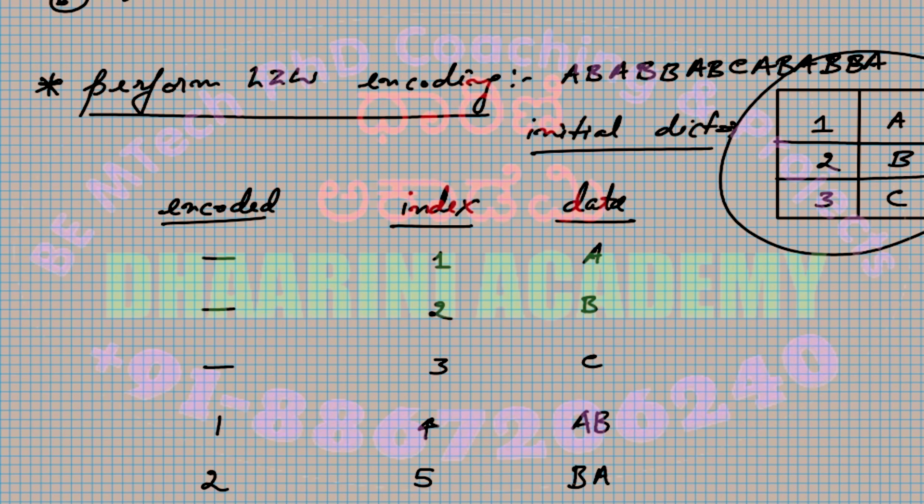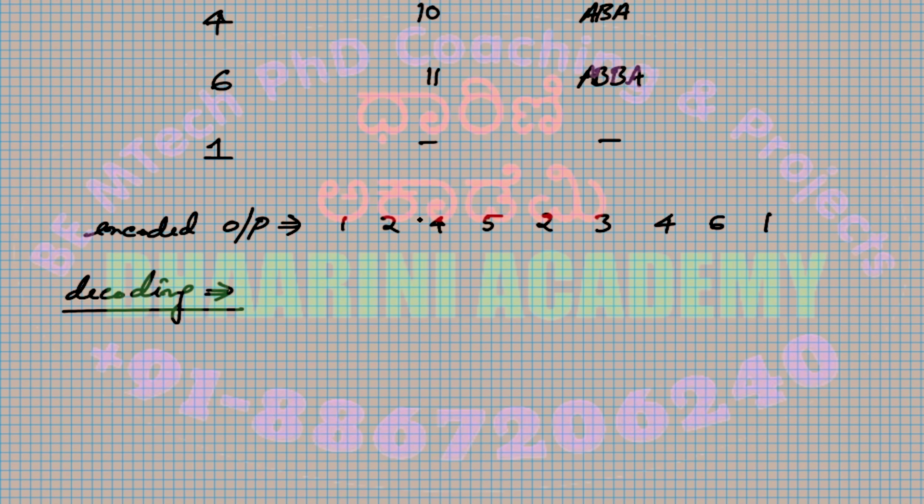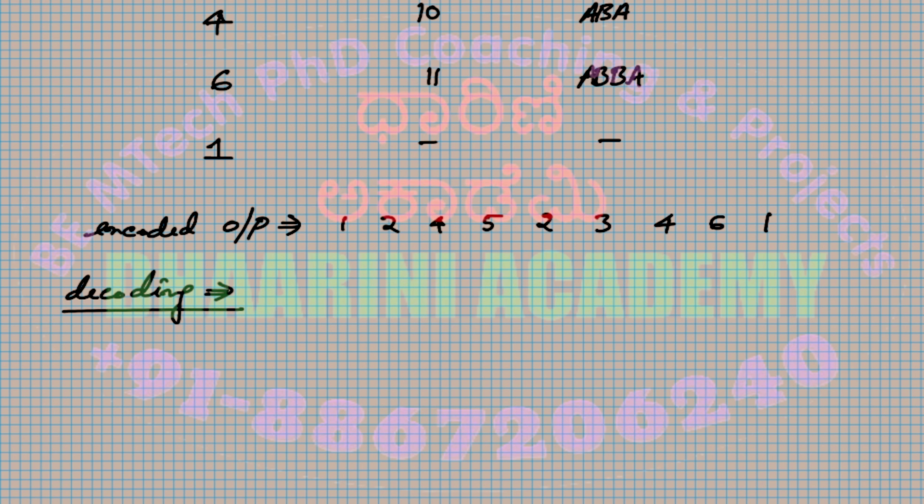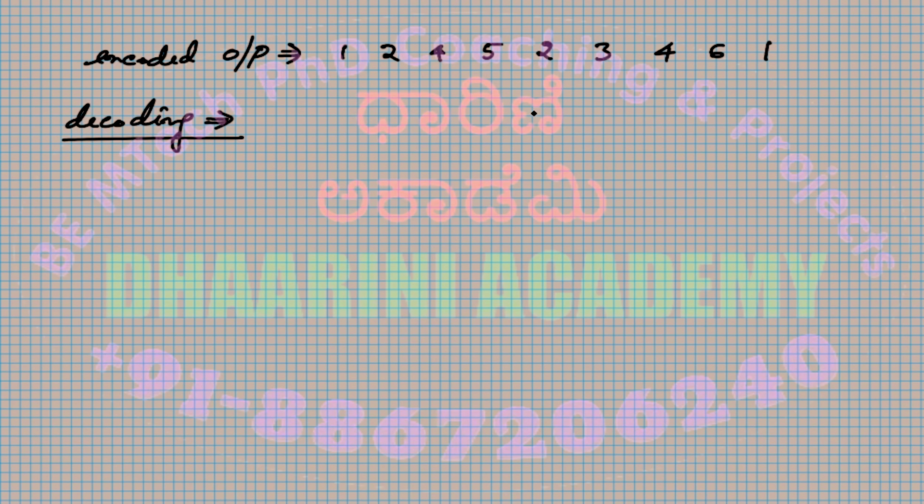If the question is only to do the decoding, still you will be given this. So let's assume that the question is to perform the decoding of this. Then also you'll be given the initial dictionary, so you start with that. Let me write the index and the data. Index always 1 for A, 2, 3 for C. This is given.